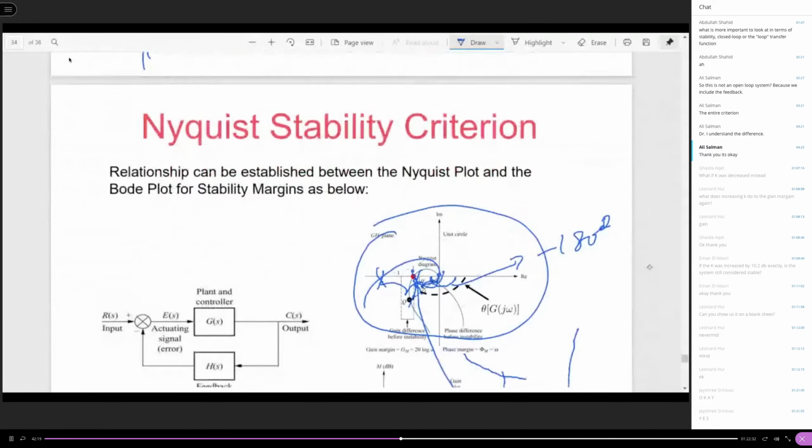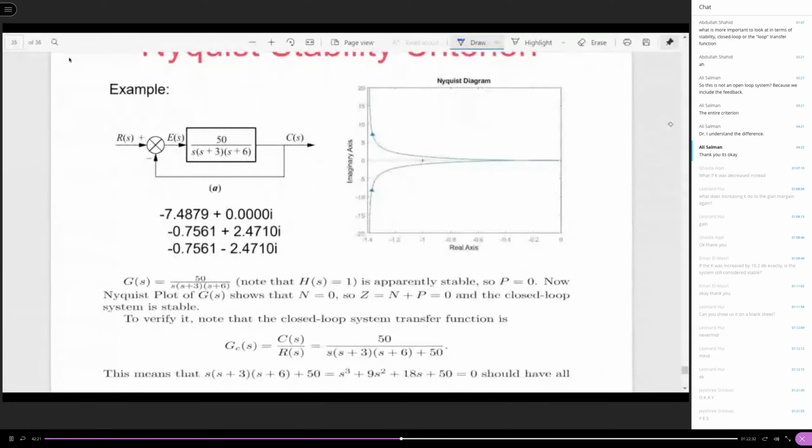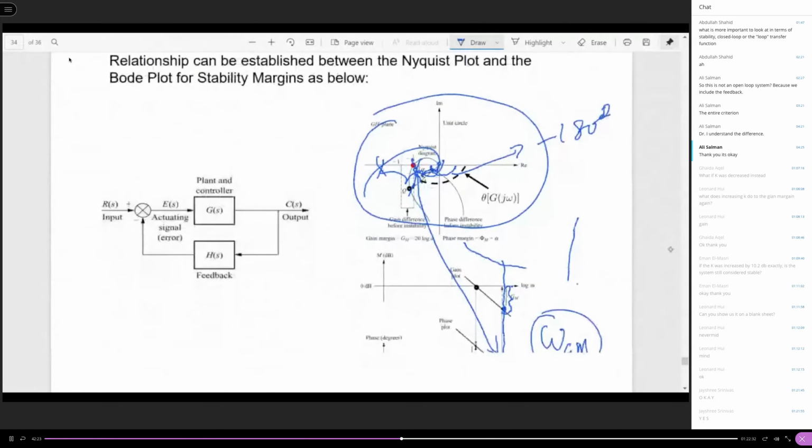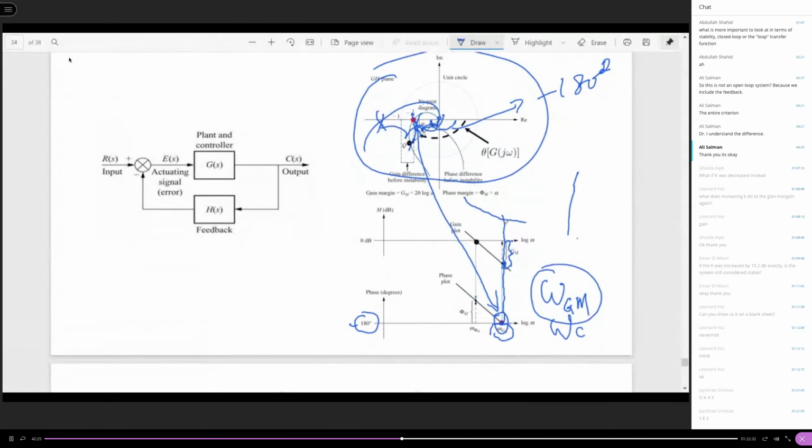Then you're going to see the magnitude plot is here, because it's larger than 1, above the 0 dB. Now, you can see in this case, this is the unstable case, right? This case will give you a negative gain margin.